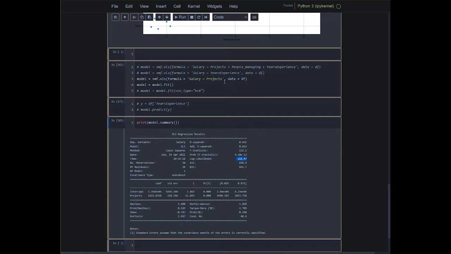And when we included only one, the log likelihood value becomes -322. That means it dropped. Actually, if we look at the R squared value, it goes hand in hand with the log likelihood value. In this case, the R squared value also dropped here because we included only one variable.